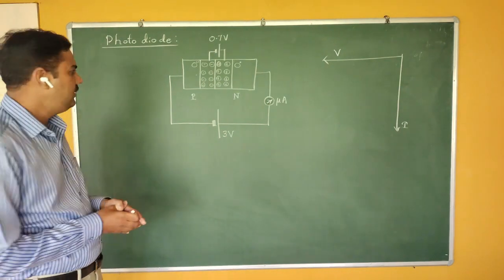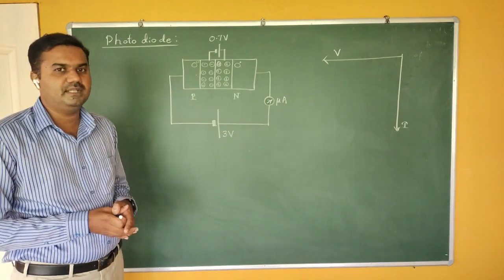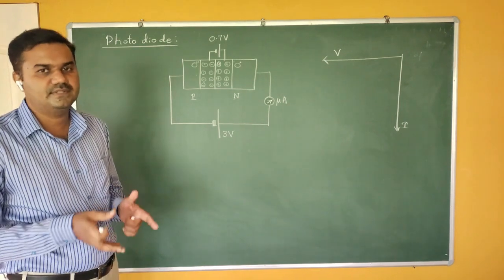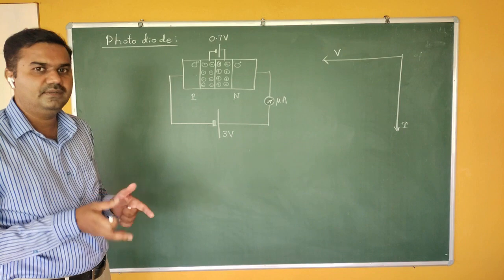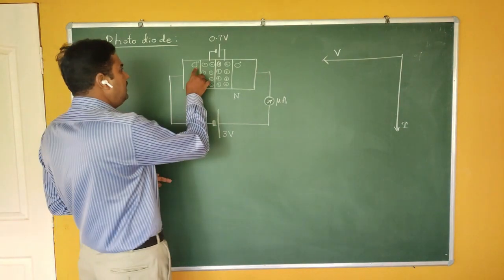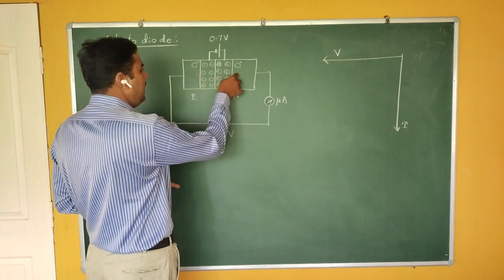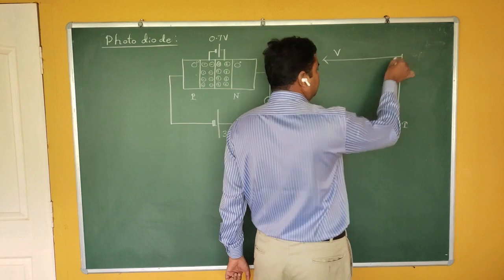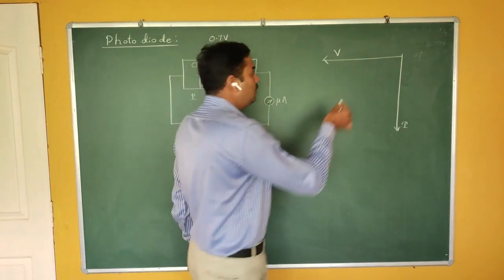It is due to the minority charges present in the p type material. Sometimes it is also called reverse current, because the current flows in reverse bias. As these electrons cross this barrier, you get a certain amount of current.